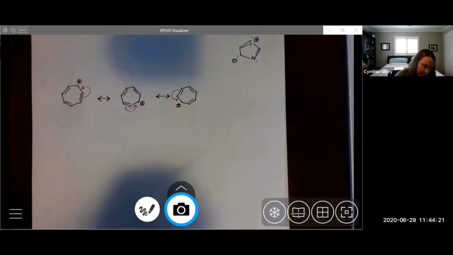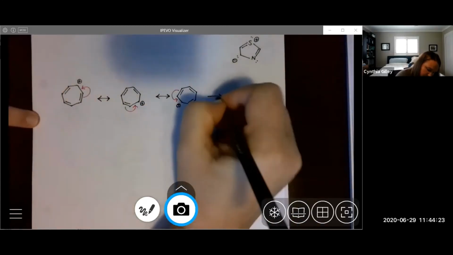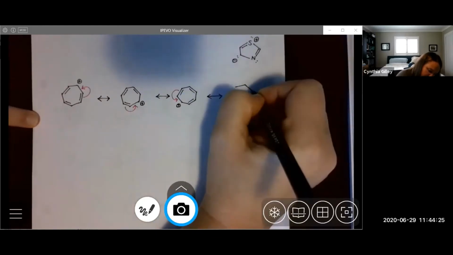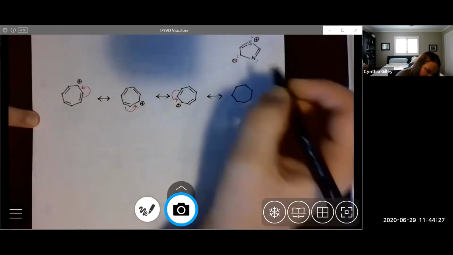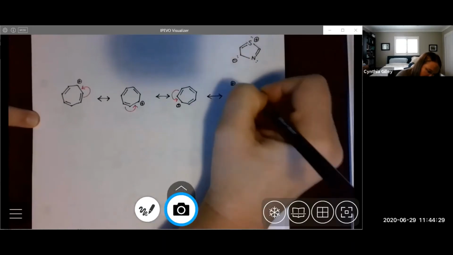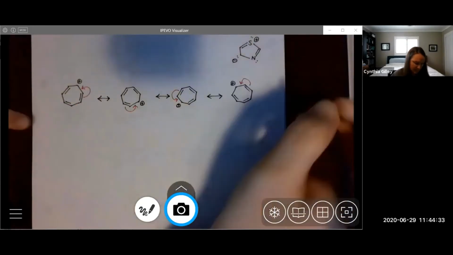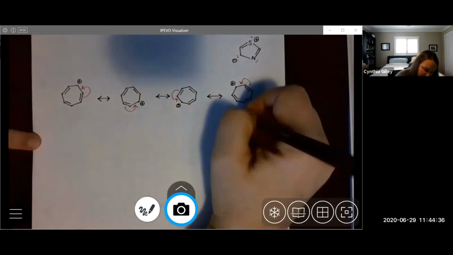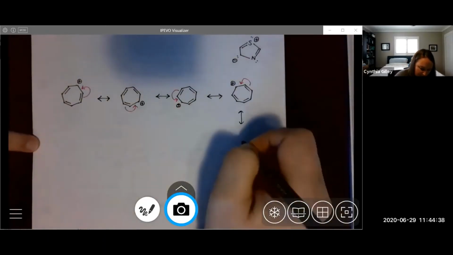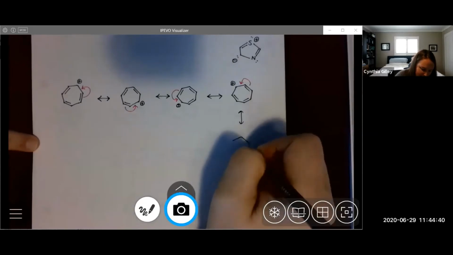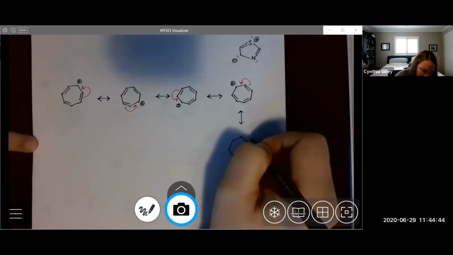Shifting. The idea behind this is just recognizing that this is a super stable carbocation.